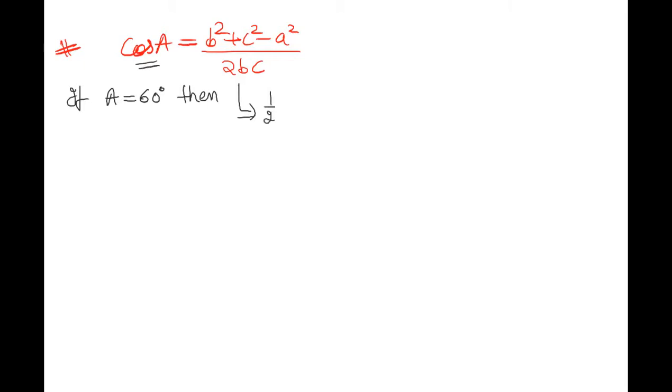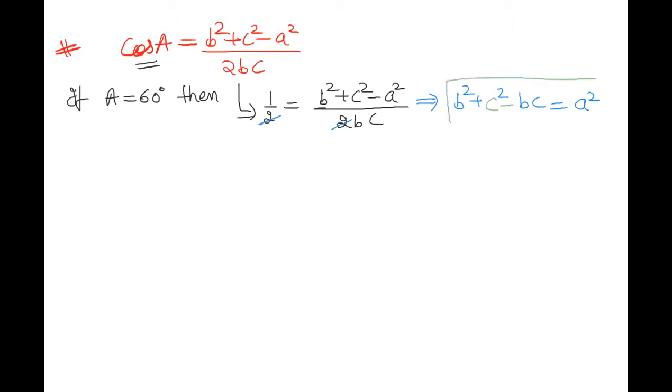That is equal to B square plus C square minus A square divided by 2BC. Now this 2 and 2 get cancelled, and that would imply B square plus C square minus BC is equal to A square. This is also an important manipulation.